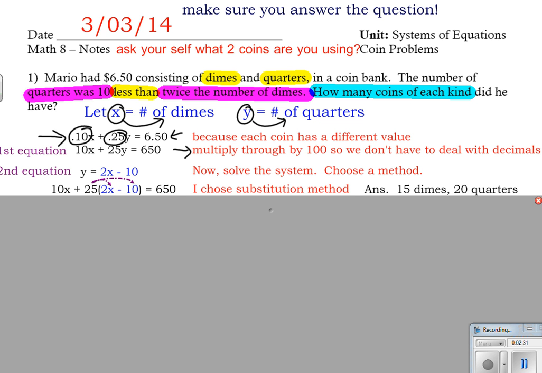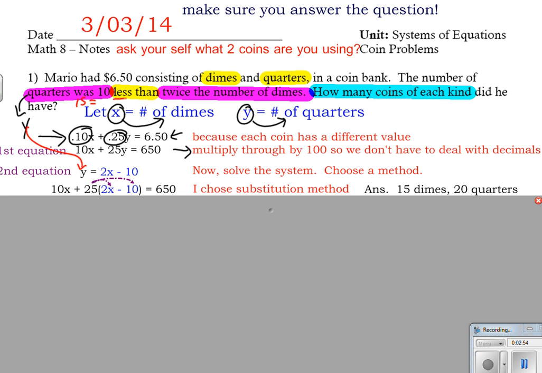The second equation is what we highlighted here, the number of quarters. Now, quarters we indicated in our let statement was y. So this is where this y comes from. Y, the number of quarters, equals 10 less than.